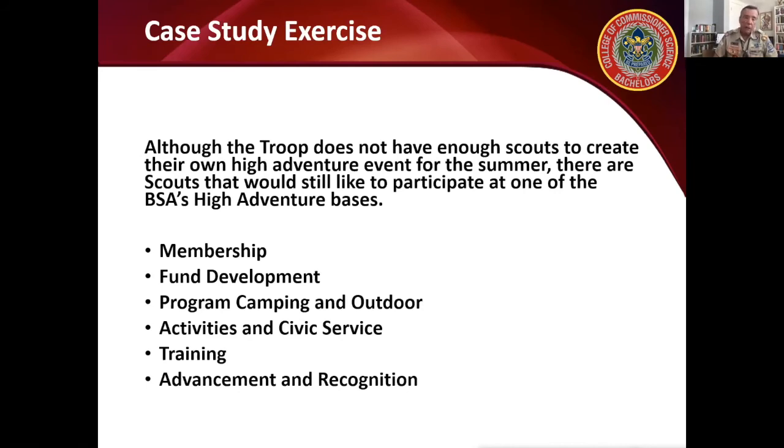There are lots of things we have to do, but I think we need to have a core. My suggestion is that we really put our effort in the district's committees into program camping and outdoor, and make sure the unit commissioners are pulling in the units and making sure that they know what's going on.